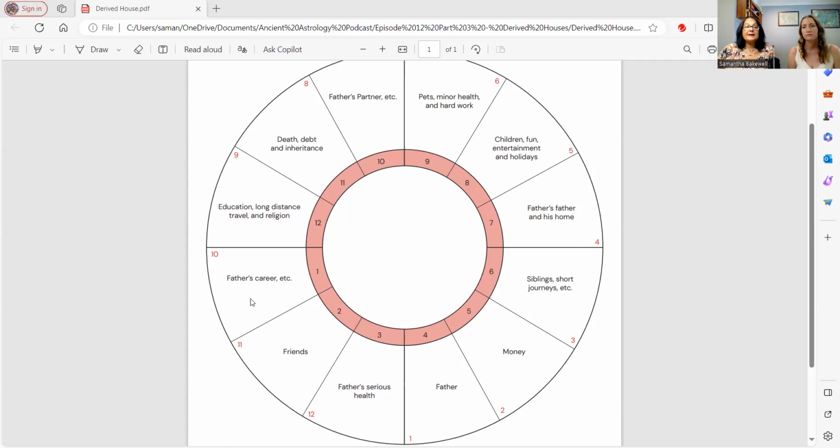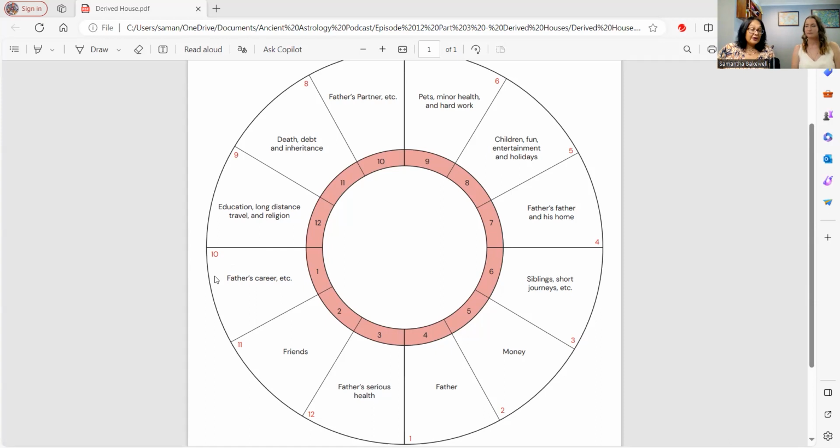And his mother, of course, the father's mother, and his friends is the 11th house. And we could even take it a little bit further and go to the father's business. Let's say he had his own business, that would be his business's second house, so the money from his business.